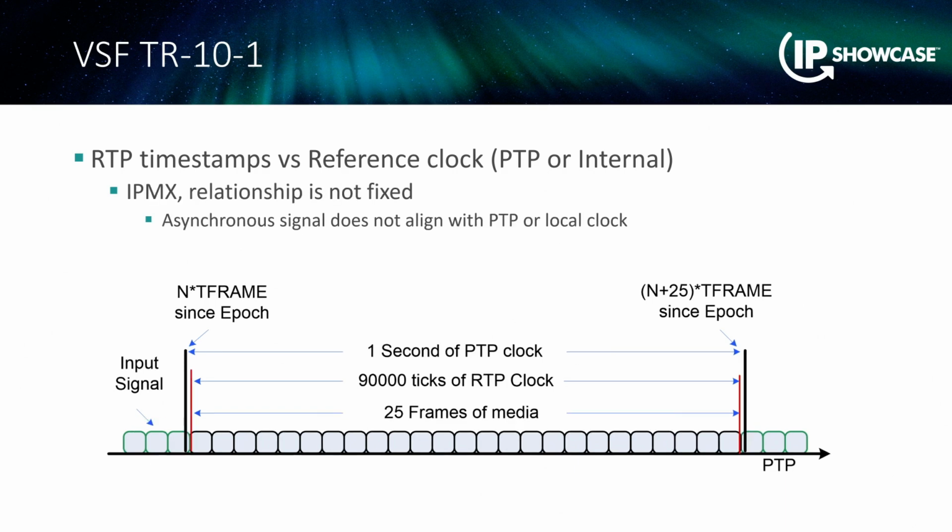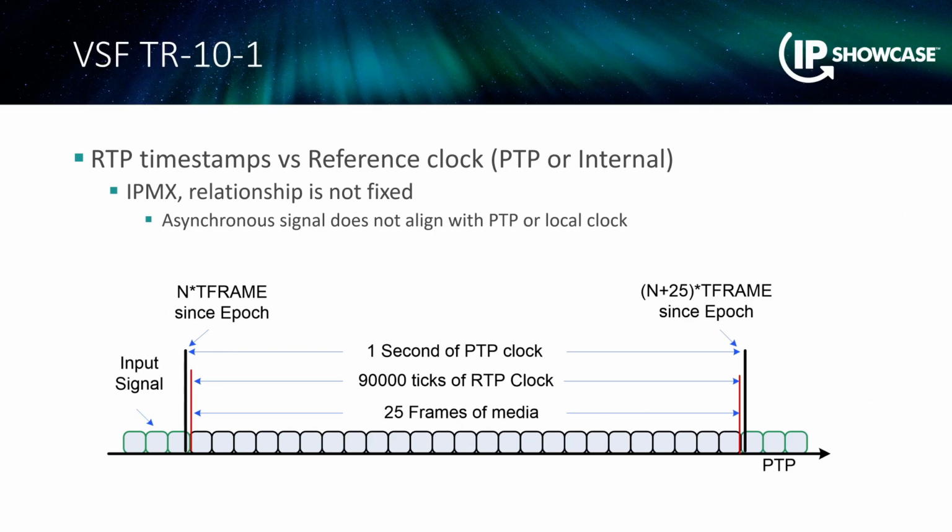In IPMX, when we deal with an asynchronous signal, there's no direct relationship. You can see on the graph here that for 25 frames of video, because the RTP timestamp works at a 90 kilohertz clock, you'll have exactly 90,000 ticks of the RTP clock for those 25 frames, but that won't necessarily match with a second of real-time PTP time.